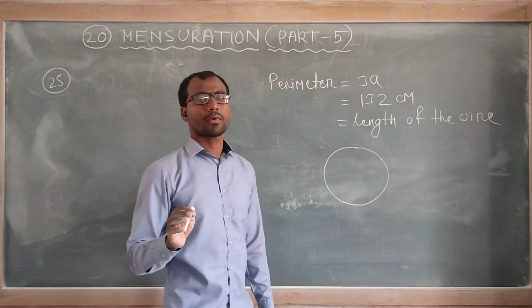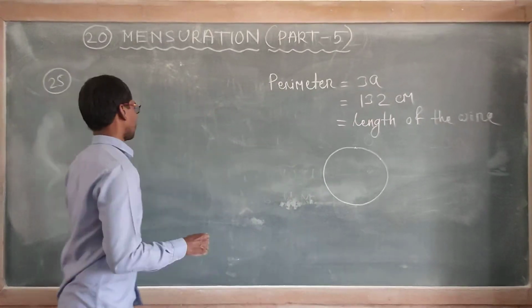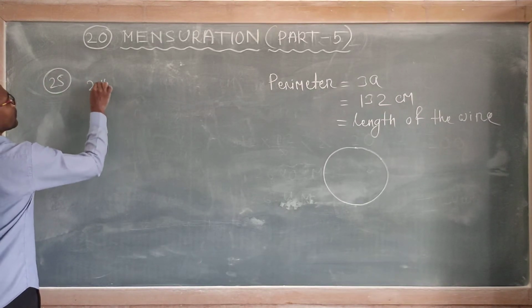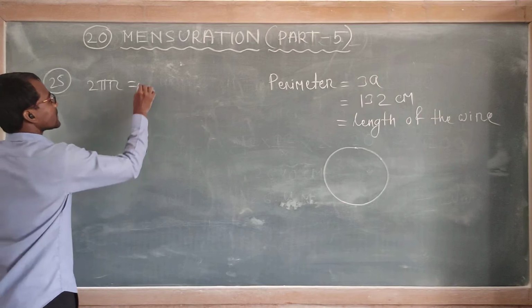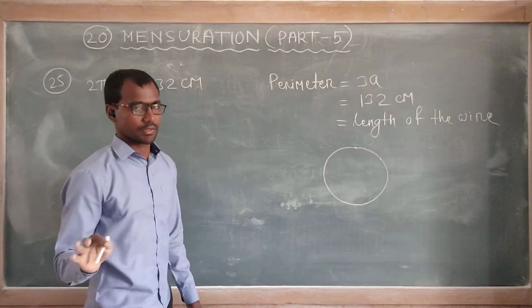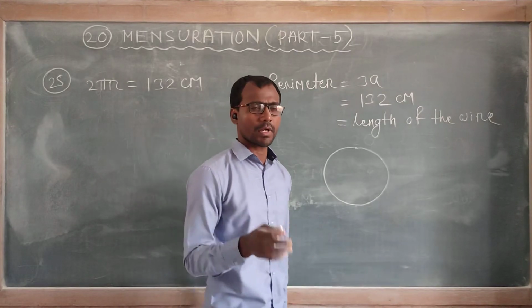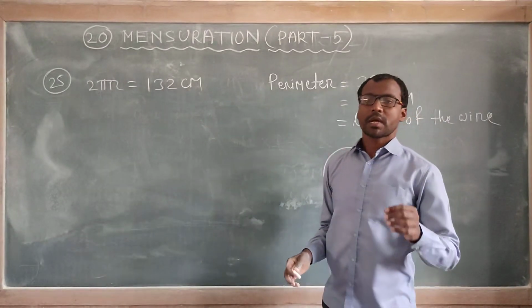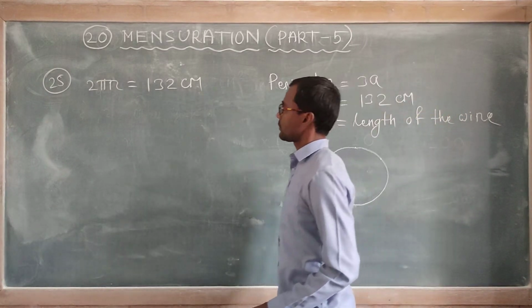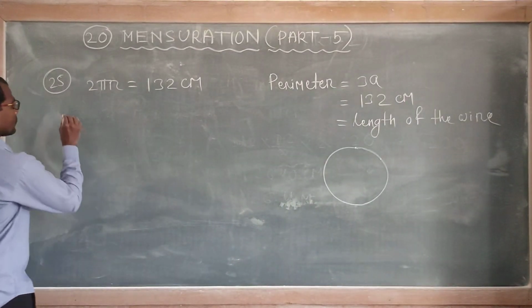Means perimeter of the figures will not change. So circumference means 2 pi r is 132 cm, which is not going to change. If you form a rectangle, square, parallelogram, trapezium, anything you can make with this wire, the perimeter is not going to change. It will remain 132.